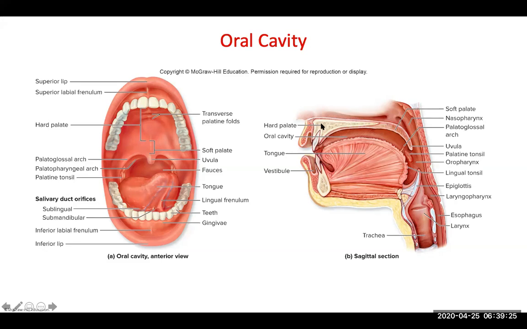And you can see here a better picture of where the hard palate is located and the soft palate is right behind it. This is a great view of your epiglottis leading into your larynx, which is what we went over last week on the respiratory system. And then you can see all of your teeth here, which we'll go over. And we'll also go over some of the tonsils.